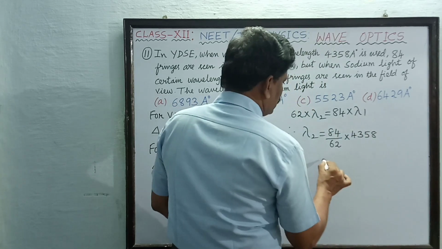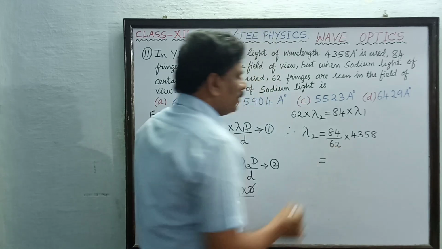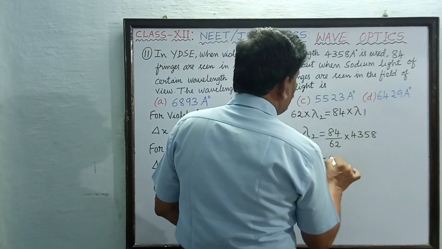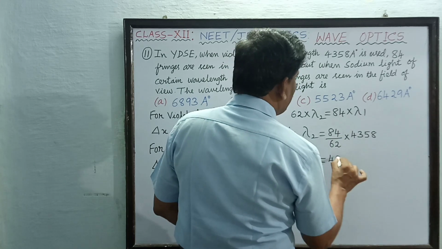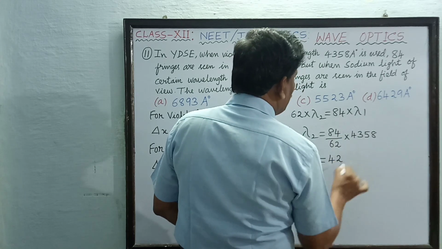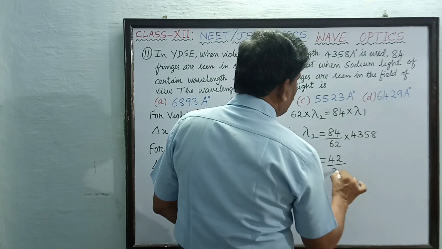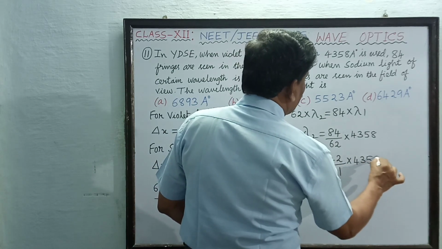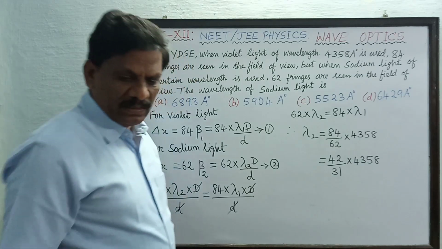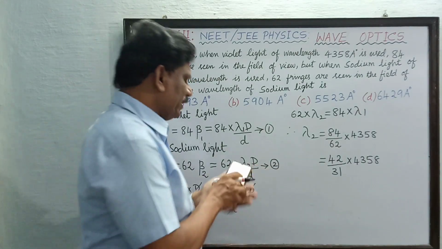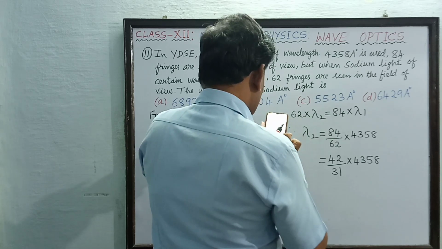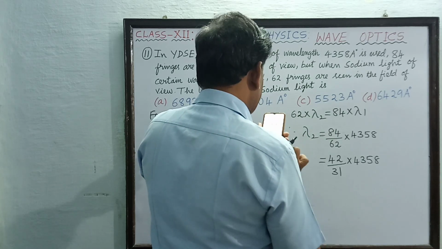So this is equal to, now 84 divided by 2. If I divide by 2, this will become 42, and 62 divided by 2 is 31. So 42 by 31 into 4358. So we will multiply the numerator 42 into 4358.